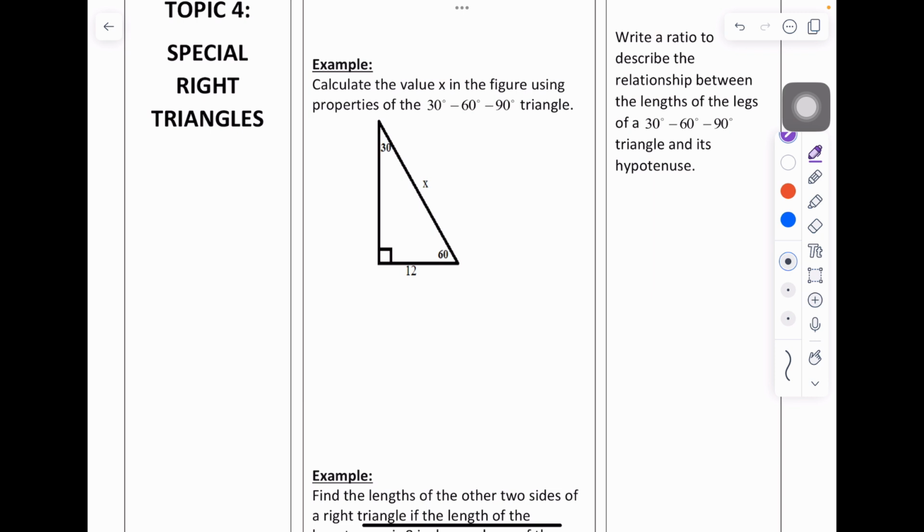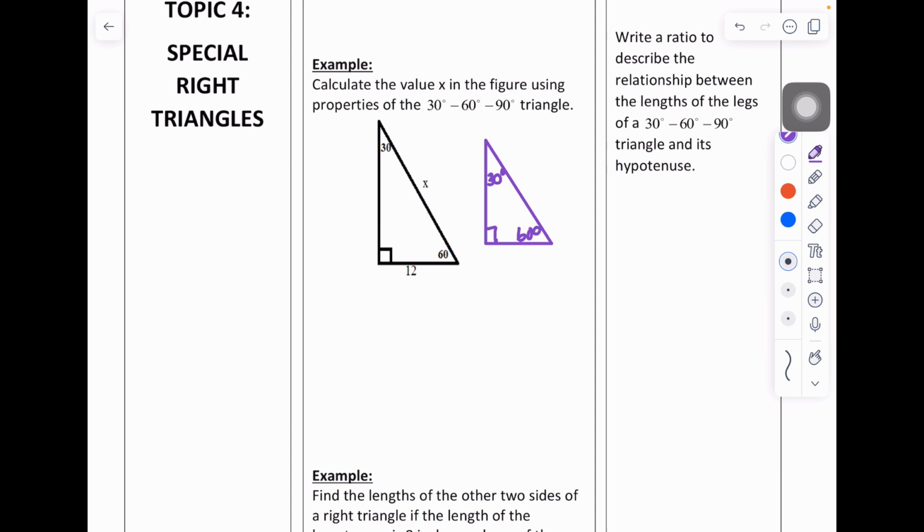Okay, so I want to determine the x in this figure, and it says to use properties of the 30, 60, 90. So since this one's already drawn in this orientation, I'm going to draw my reference triangle in a similar way, meaning I'm going to use 30 and 60 in similar positions.